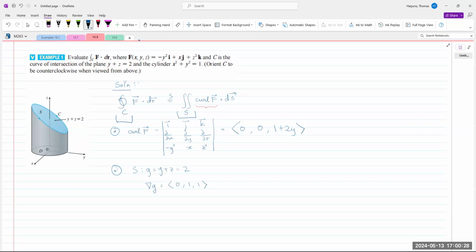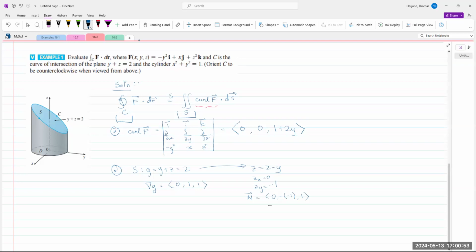Notice that we will get the same result if we solve it this way: z equals 2 minus y, z sub x is 0, z sub y is negative 1. So the vector normal to that will be (0, negative of negative 1, 1).